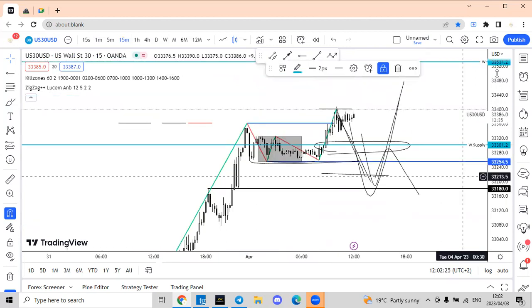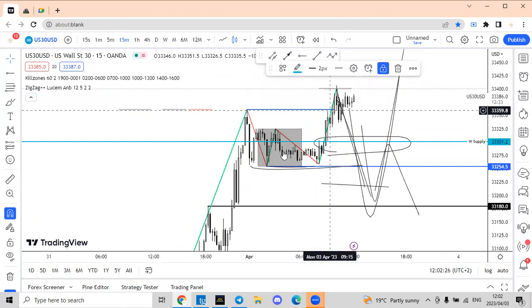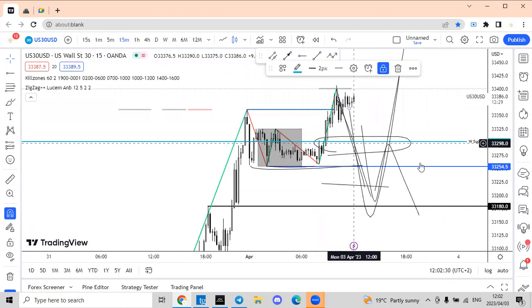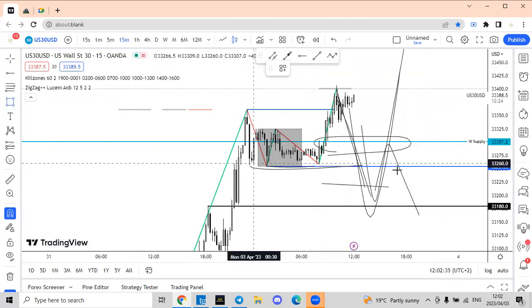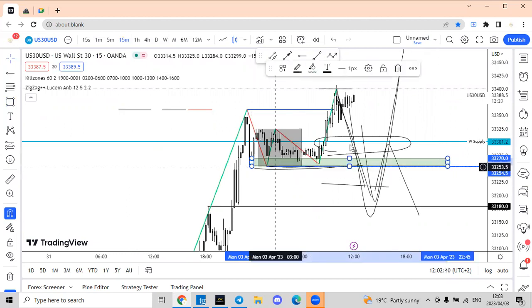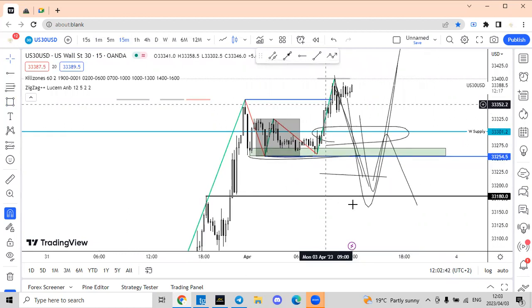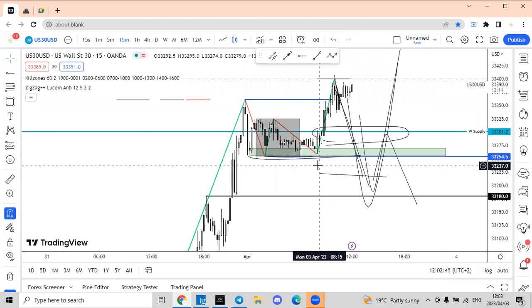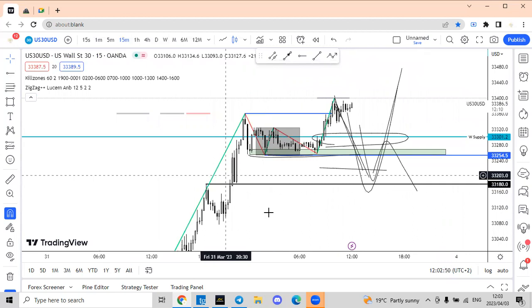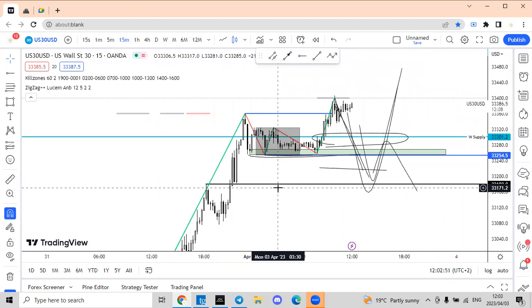So people who want to continue to buy from this order block put the stop loss below here, and we have equal lows here. So people who are doing support and resistance, like strong support, are looking at this area as strong support. So this is the main liquidity inside the range. So every range has a main liquidity, you understand? If you want to know more about main liquidity inside the range, you can just take the $10 course.